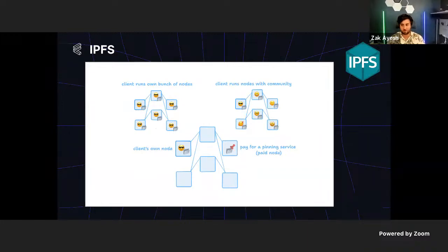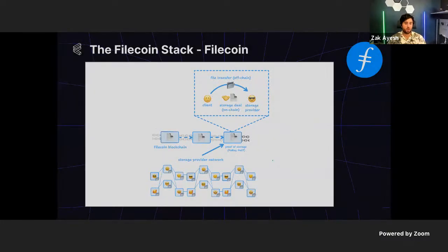So IPFS is all about getting data stored and retrieving it through its content identifier. But this does not give you guarantees that the data will stay up and live. If we're paying for a pinning service, this might introduce a centralization vector into the dApp, which not all dApps want to accept, right? So this is where Filecoin comes in, right?